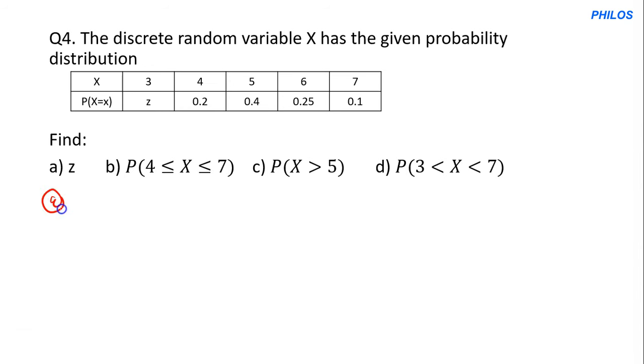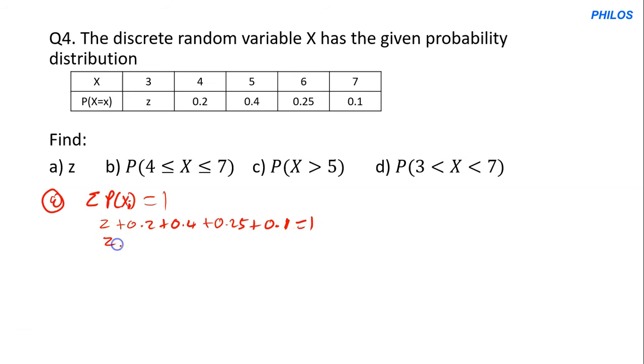Now to find the value of z, we should know that the sum of the various probabilities from the first to the last should be equal to 1. So if that is the case, then z plus 0.2 plus 0.4 plus 0.25 plus 0.1 should be equal to 1.